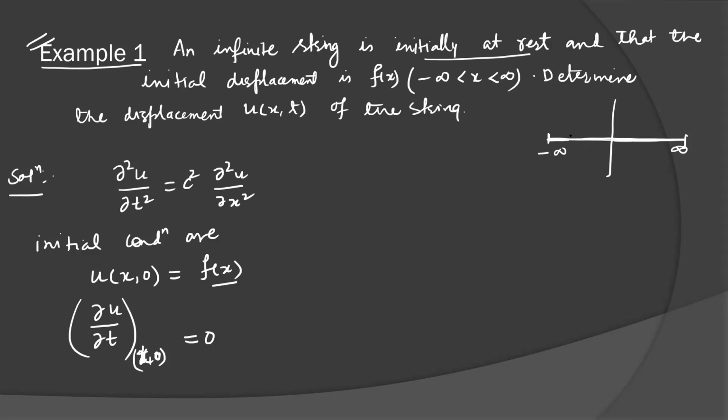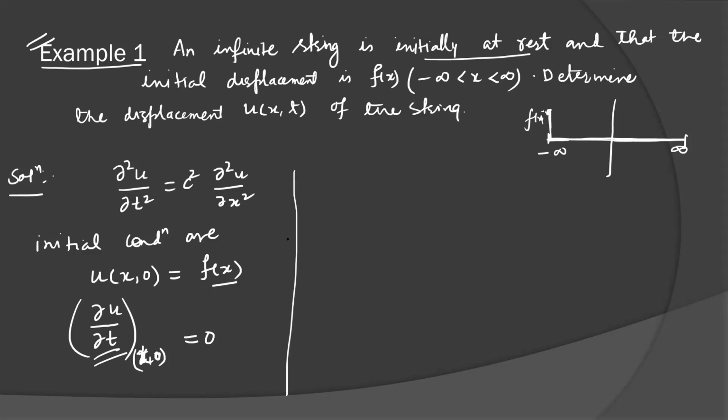At time t equals 0 the string is at f(x), and there is no further propagation. This represents the velocity of the string at any time, but at t equals 0 velocity 0 means the string is not propagating. I suggest that all of you please read the proofs of the wave equation.